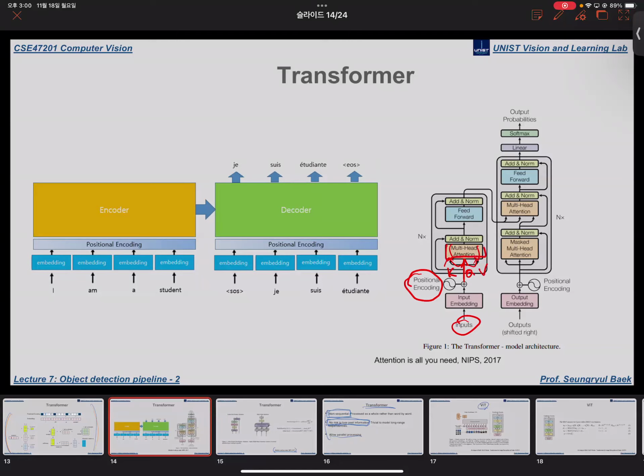Okay, and using that, you can apply the attention mechanism, and then encode some feature and apply some feed-forward network, which is the same as the linear layers. Okay, and you somehow transform the encoded feature and transfer it to the decoder.